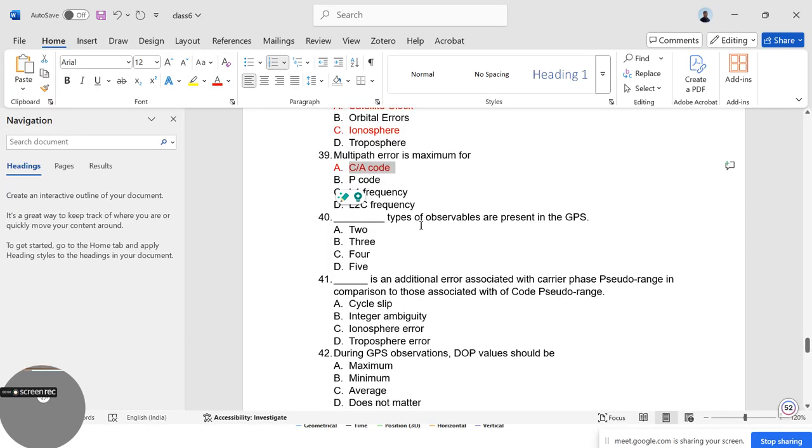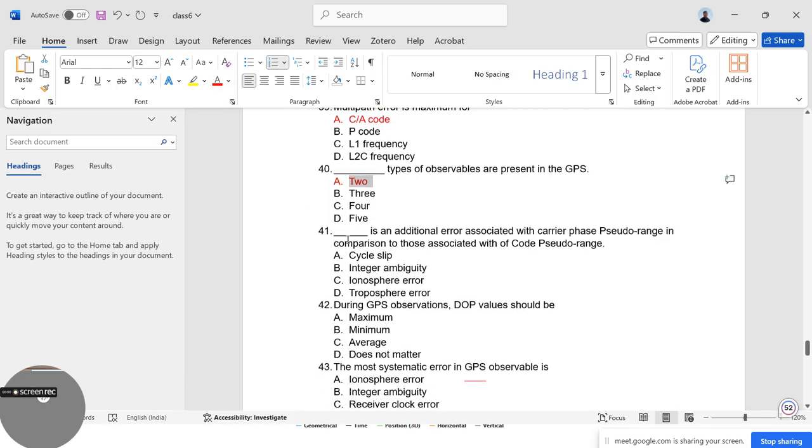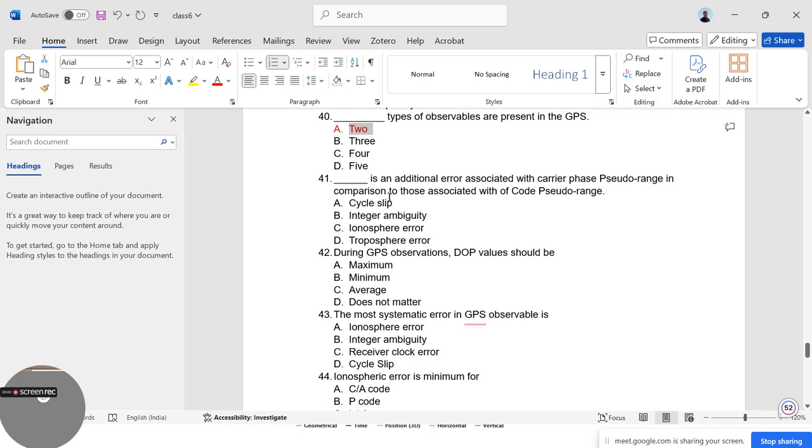How many types of observables are present? So two observables, code pseudo range and phase pseudo range. In one, we find the distance using delta t, and in the other, we find distance using phase difference. Fill in the blank: an additional error associated with the carrier phase pseudo range. In carrier phase, we have cycle slip error, where the change in how we record the signals makes the count just go down or go up.